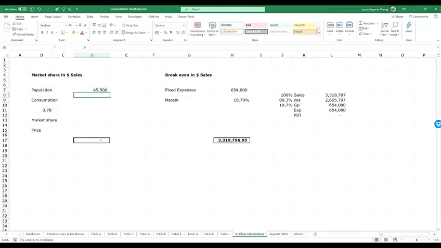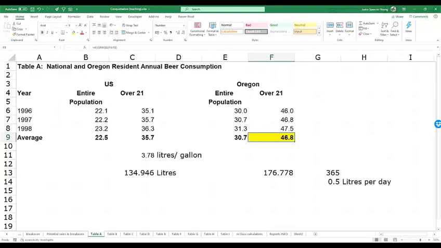Now, the next thing is I want to know how much beer these folks are consuming. To find that out, you had to buy Report A. Report A told us about the consumption for the US in the entire population and the over 21s. Notice in the over 21s, the average consumption here is 35.7 gallons per annum.